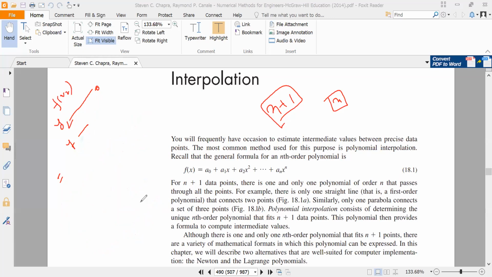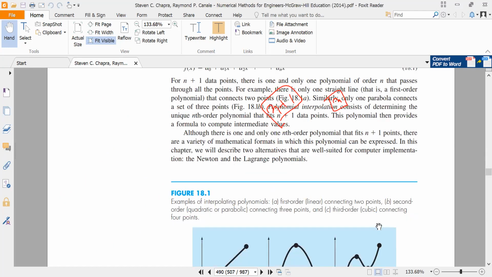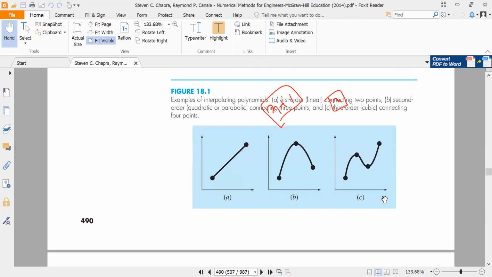When we are using a straight line, we call it linear interpolation. If we are using a polynomial, it is polynomial interpolation, and the order depends on the practical problem. If we are using second order, we call it quadratic. If we are using third order, it becomes cubic. This is the scenario described here. If we have two points, a straight line can be the interpolating polynomial.